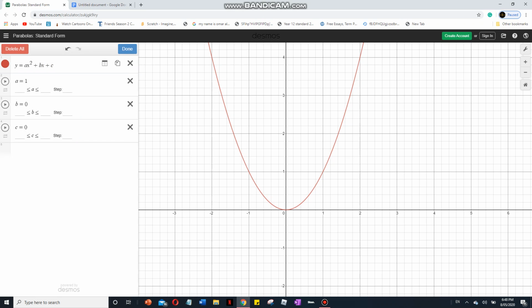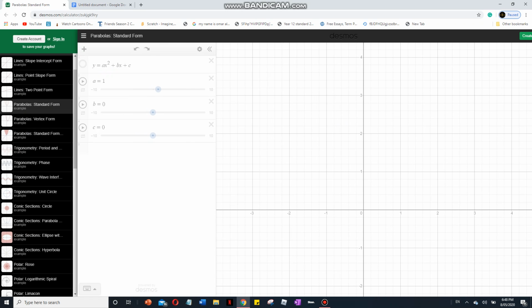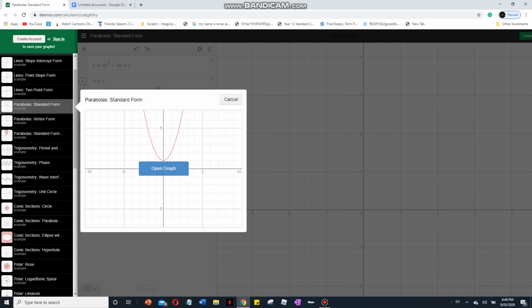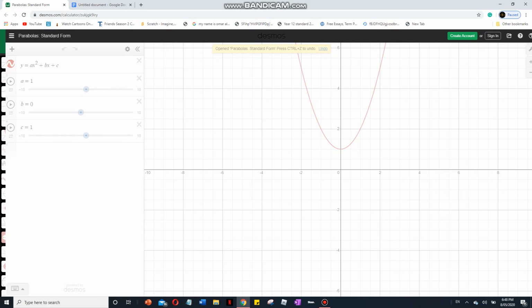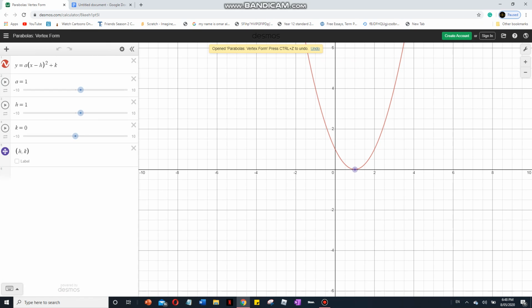Before I end this video, I just want to see, is there actually a way to make it like that? Wait, yeah, here. Standard form, vertex form, let's just go standard. Yeah, that was the one I had. Let's try vertex form. AX, oh, there we go, there we go.